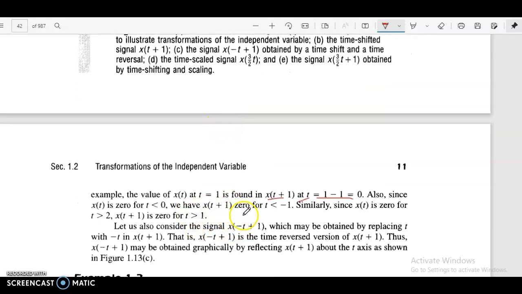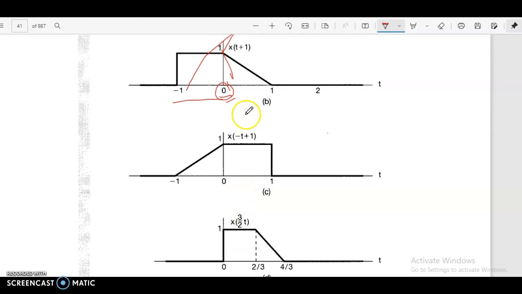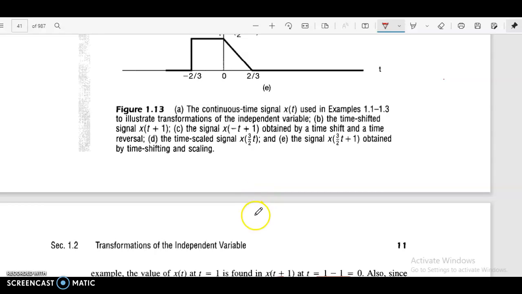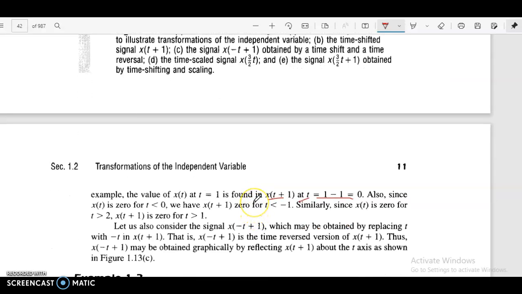We have x of t plus 1 is 0 for t less than minus 1.